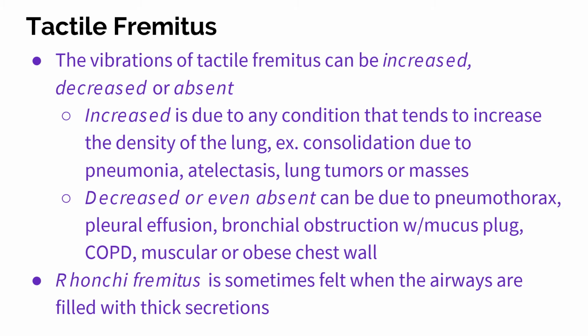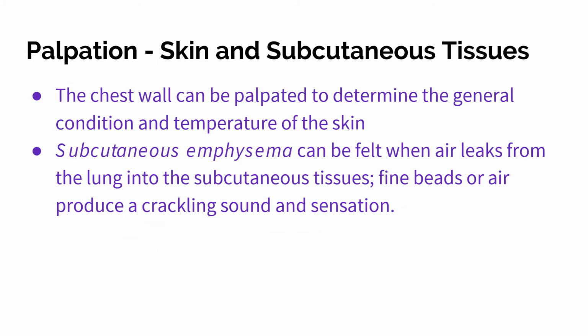Muscular chest or obese chest wall, you usually can't feel it because of the increase of tissue. And then the rhonchial fremitus, that's what I was referring to when they're really filled with secretions. That would definitely be increased because you can definitely feel it.